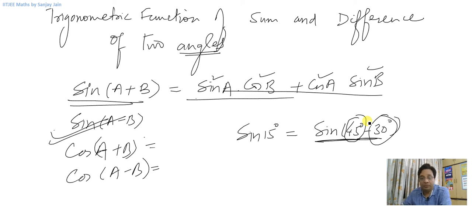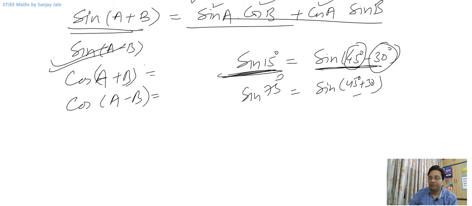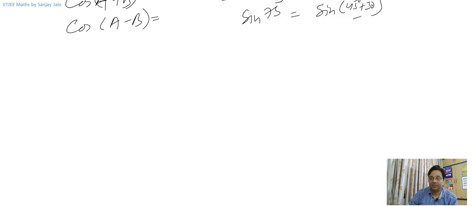So you will not have to memorize the value of sine 15 degrees. You can memorize that value also, but it will simplify a lot of things. For example, sine 75 can be written as sine 45 plus 30. Apart from this, there may be other usages of these identities. We will have direct questions based on these identities in your class.